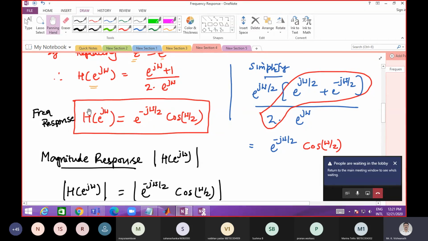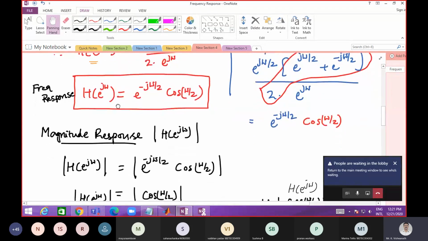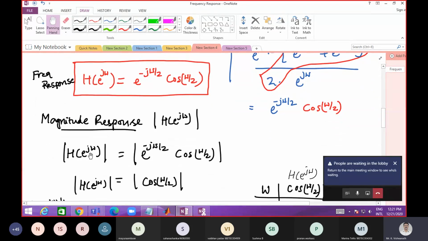So magnitude response is nothing but take the magnitude of this on both sides. So we will have magnitude of H of e power j omega is nothing but the magnitude of the right hand side of this equation, that is magnitude of e power minus j omega by 2 times cos omega by 2.